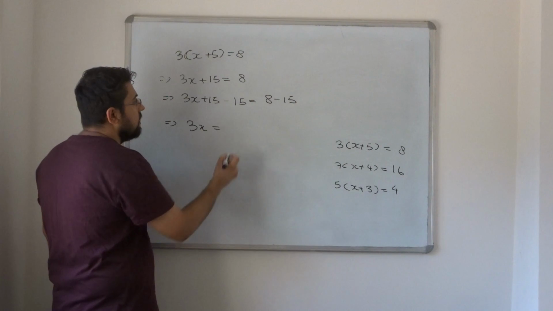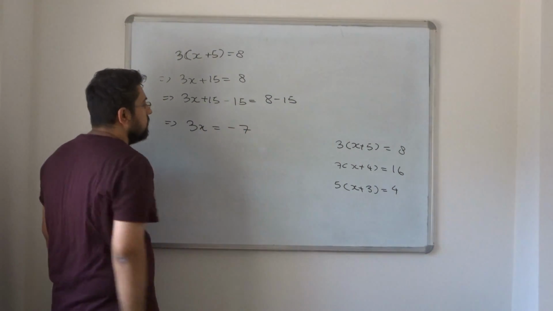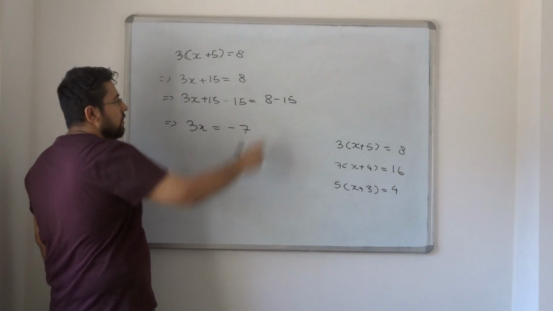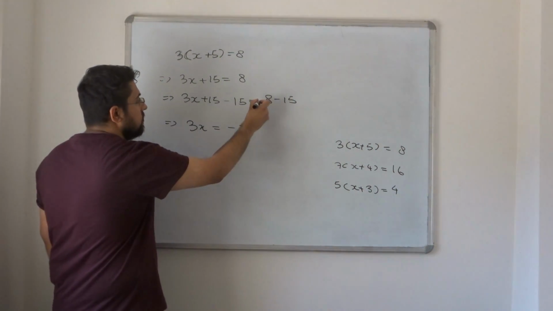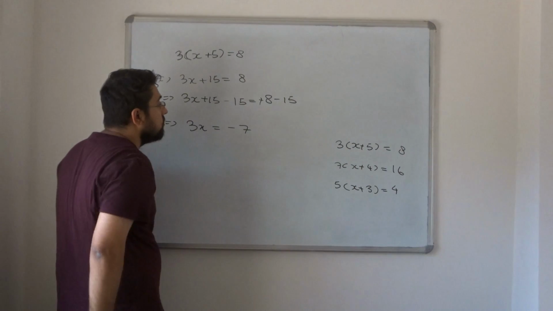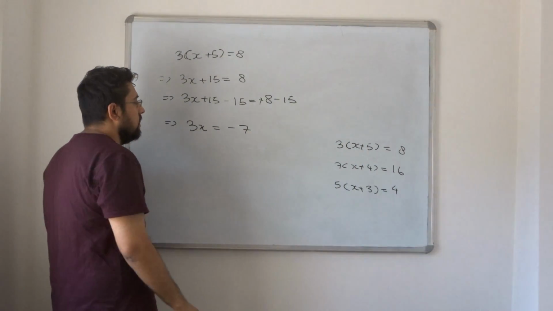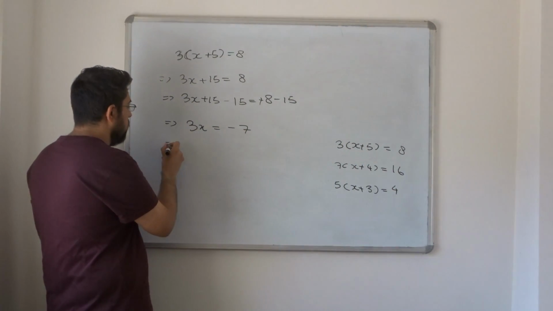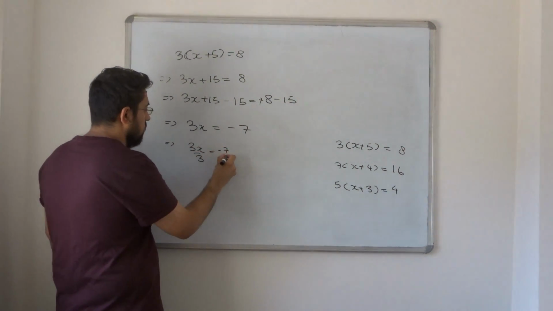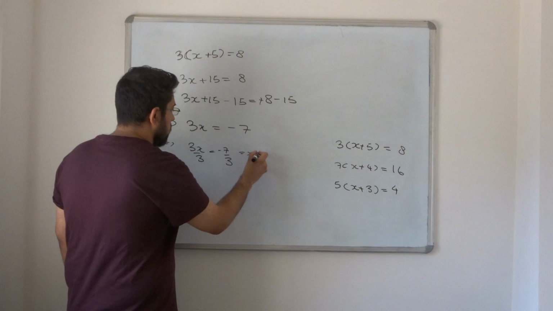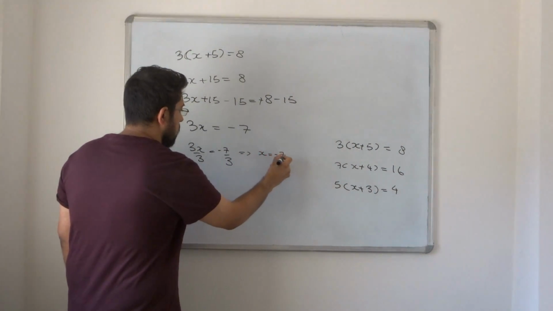So now you have 3x equals 8 minus 15, which is minus 7, because there's nothing in front of this 8, it is positive, and you have more negatives than positives. Then you divide both sides by 3, so x equals negative 7 divided by 3.